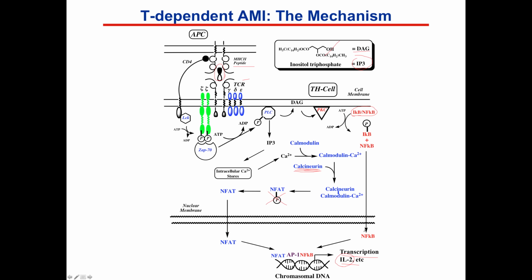NF-kappa B is then able to cross the nuclear membrane, associate with the promoter region, and thus turn on transcription. As we're going to see, there are a number of places in this pathway that are important. We'll see this later in terms of drugs that allow us to stop this process. And if we stop this process, we can stop an immune response and have a rationale for an immunosuppressive drug.